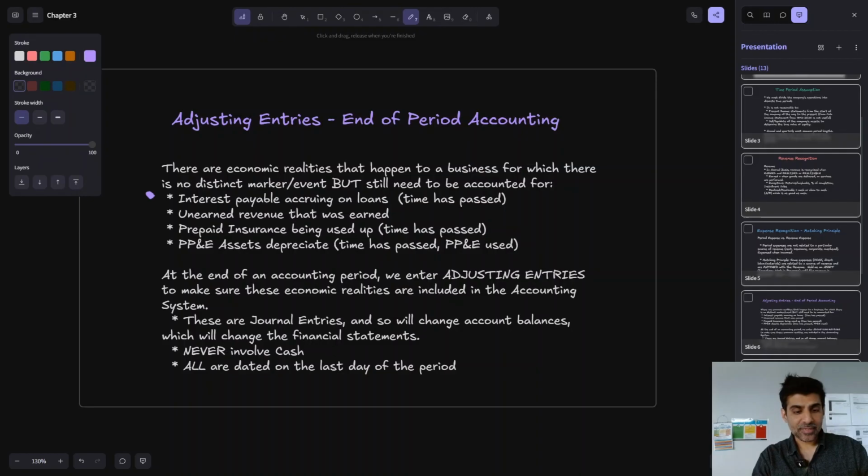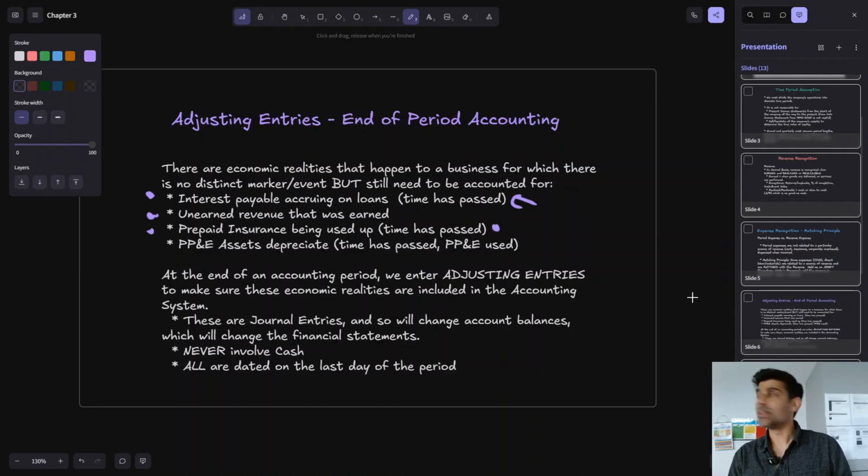So it's going to be for things like interest. Some time has passed, so we have to do an adjusting entry at the end of the month to accrue this interest. If unearned revenue was earned during the period, we're going to have to do an adjusting entry to convert some of that liability into revenue. Prepaid insurance is another example, or any kind of prepaid expense.